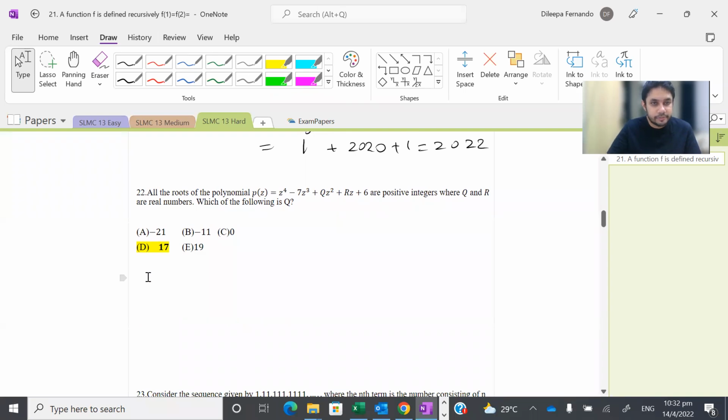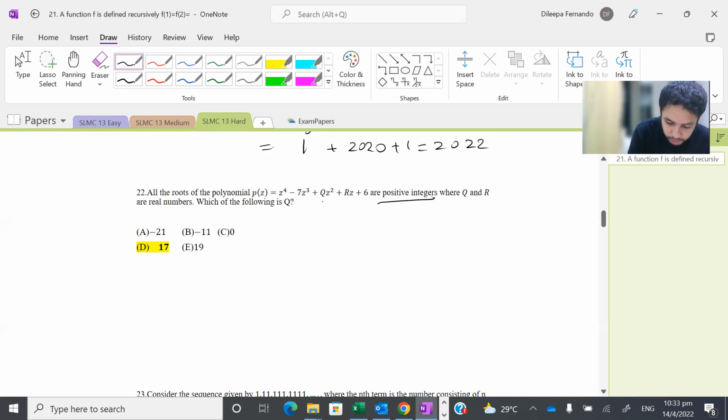Here the difference is this is a fourth order polynomial. This is the question, and you can see a key point: positive integers. When you work in advanced level, it's about real numbers, but here they say that the roots are positive integers.